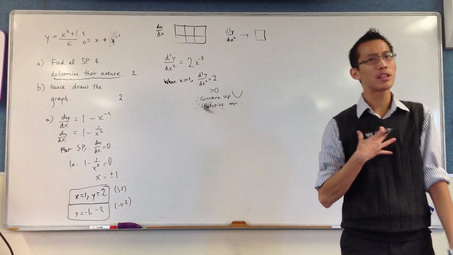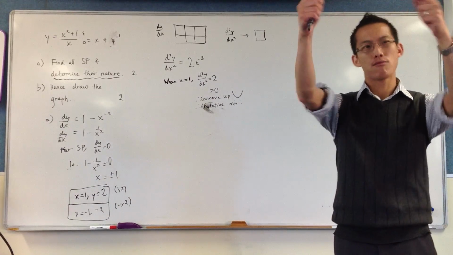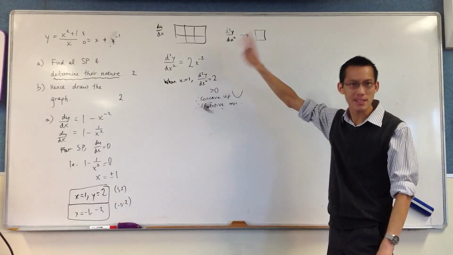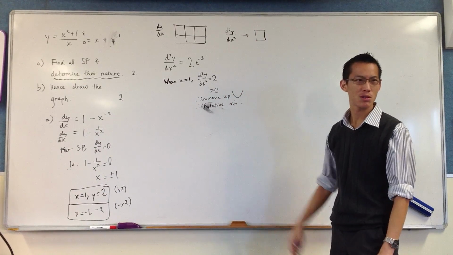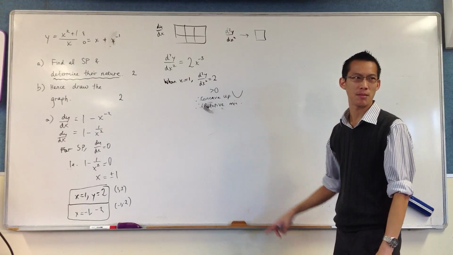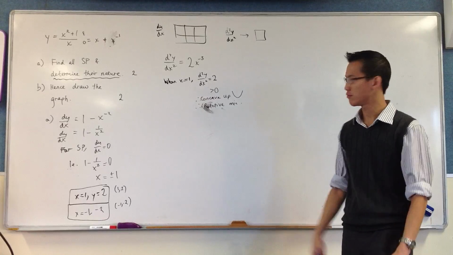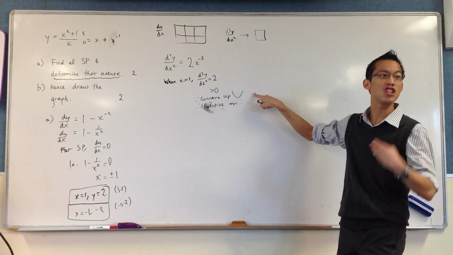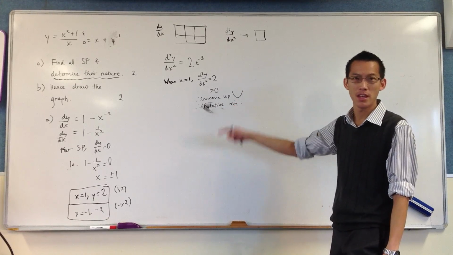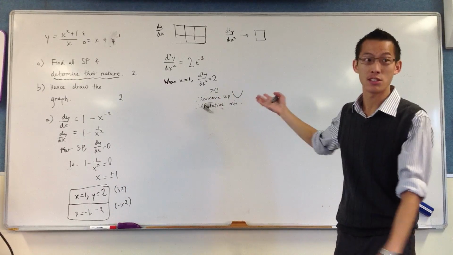So what I'm looking for as a marker is not just do they write down the right stuff, but can they demonstrate they know what this all means? Like this is greater than 0, so what? What does that indicate? Why is it a relative minimum? Is it just because a maths teacher said so? No, it's because it indicates this geometric feature, which is a minimum, right? You can see it looks like a minimum. So that's why I write it. I've been doing this for years and I still write it.